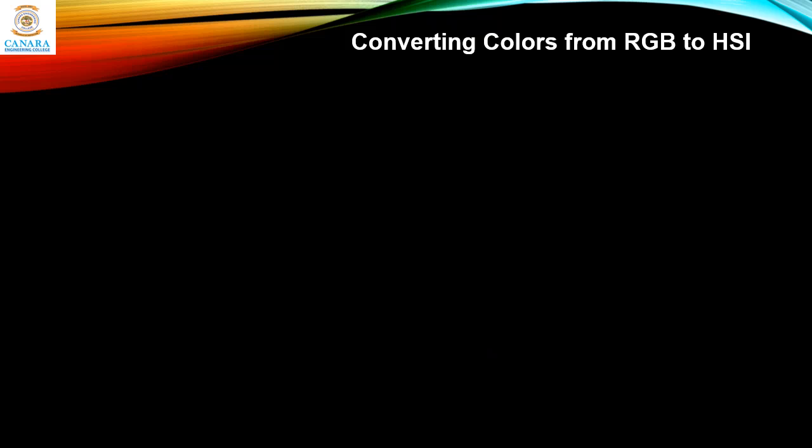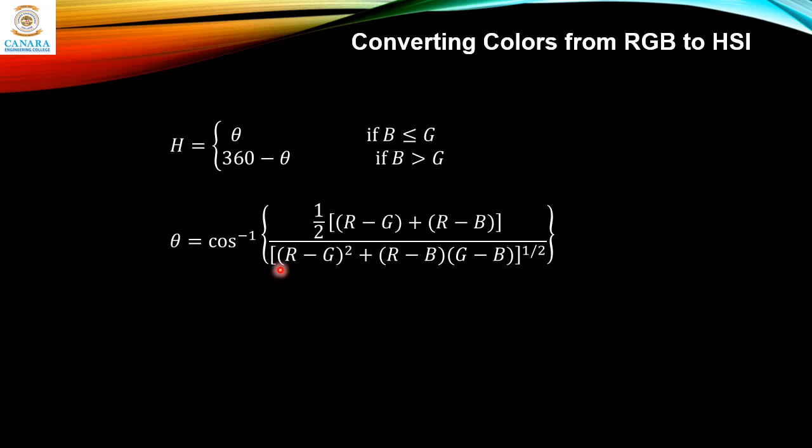Now let us see how to convert from RGB to HSI. Hue is basically an angle. Hue is equal to theta if B is less than or equal to G, else it will be 360 minus theta if B is greater than G, and theta is equal to cos inverse of half into (R minus G plus R minus B) whole divided by ((R minus G) whole square plus (R minus B) into (G minus B)) whole raised to 1 by 2, which is basically the square root of the denominator term.